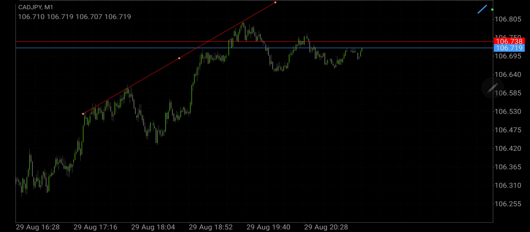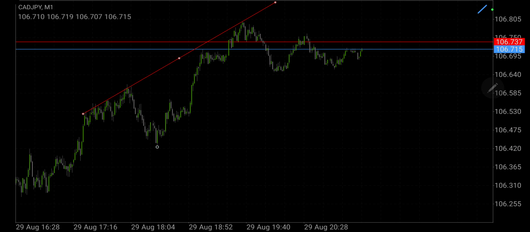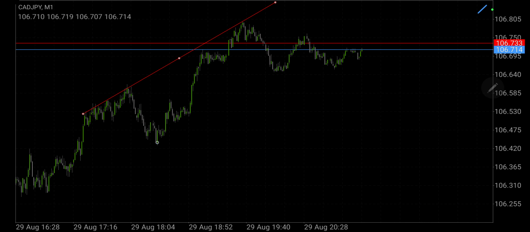The second trend line is going to give you a very good idea about the trades. So you're not going to take the trend line from here. Try to take the trend line from a little bit lower, or the previous low.